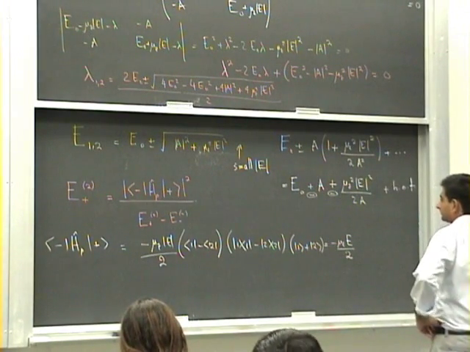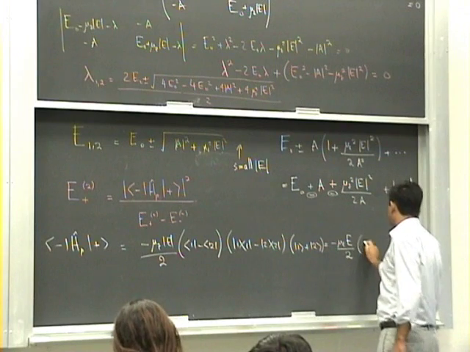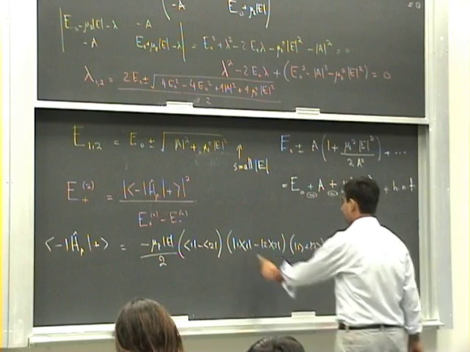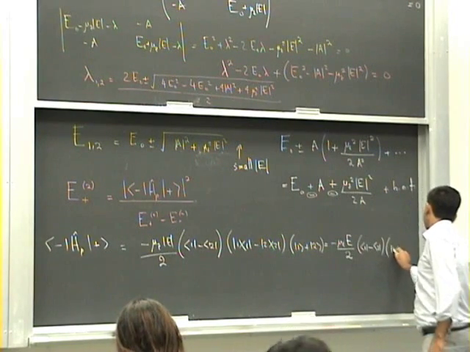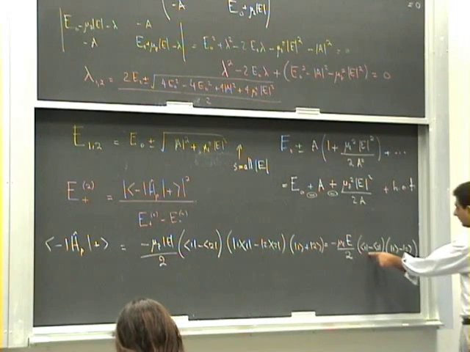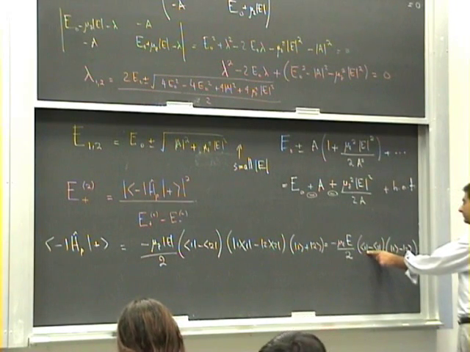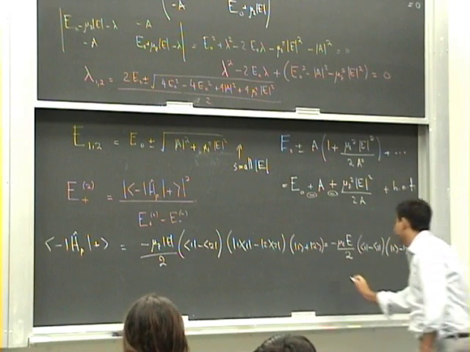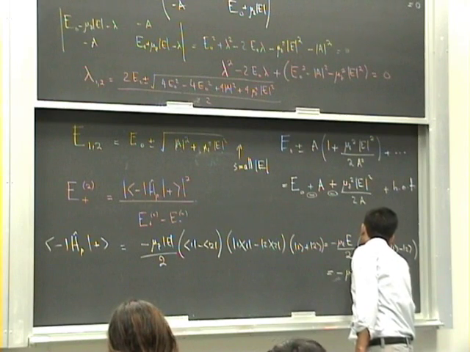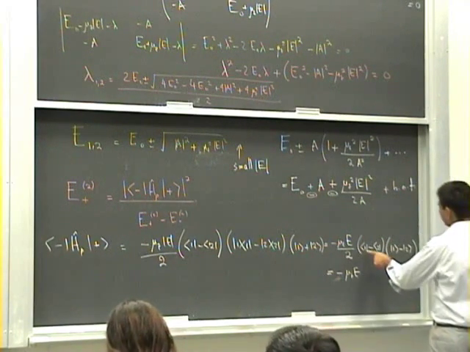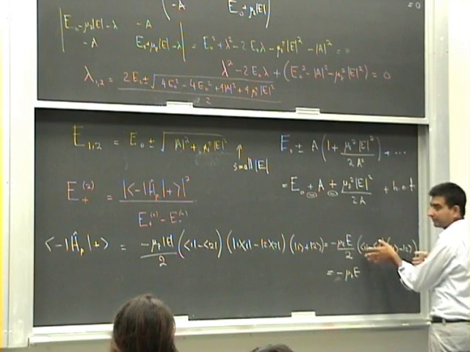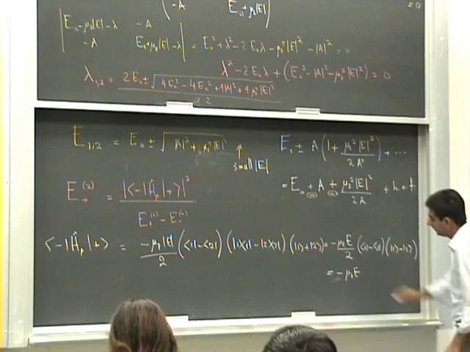And from here I get bra 1 plus bra 2. So I get minus mu_z E. The inner product of this is 1, the inner product of this is ket 2, so 1 plus 1 minus 2.